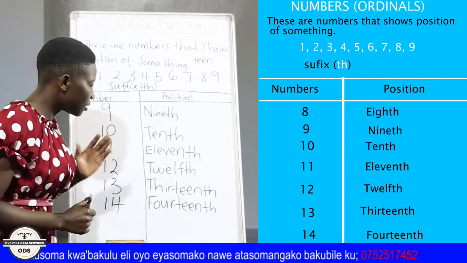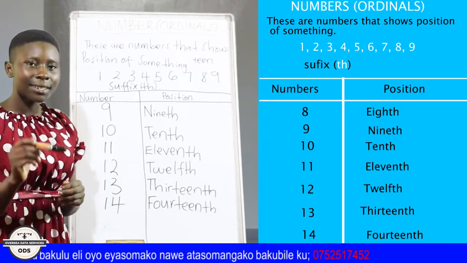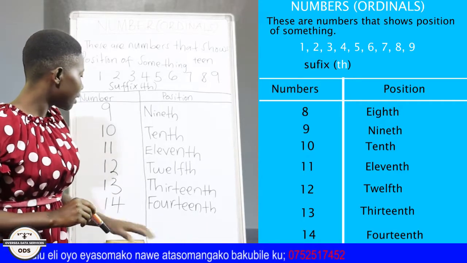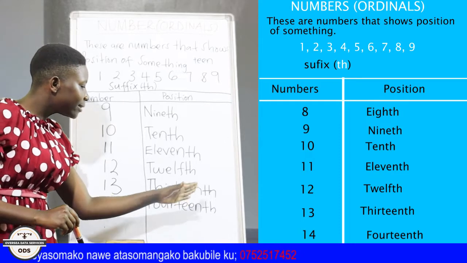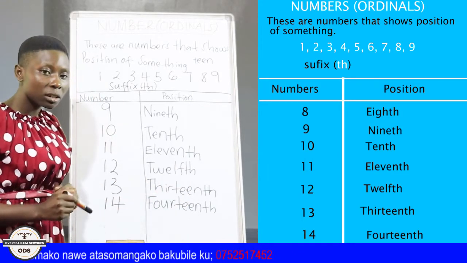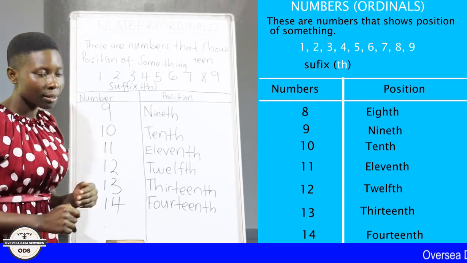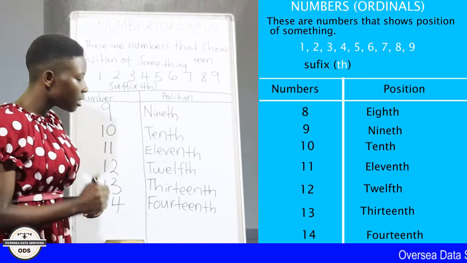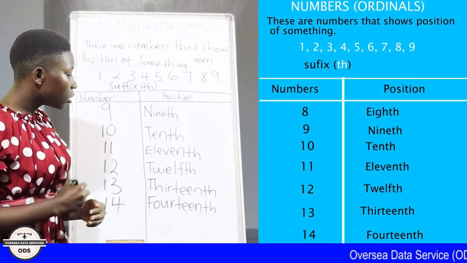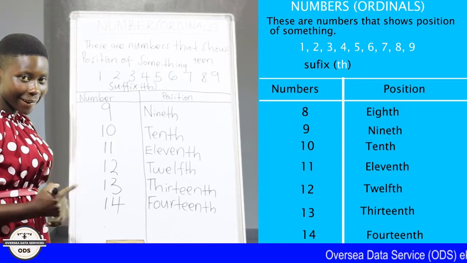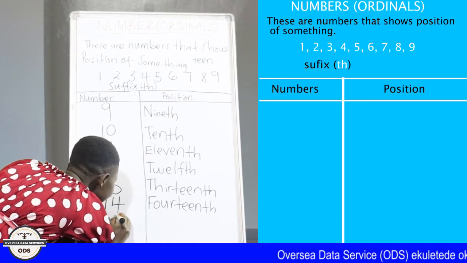Now we were pronouncing this one as 14, but we have added the suffix TH. Now the pronunciation has changed. When I add the TH, we pronounce it as 14th. Okay? 14th. Let us continue and we still have 15.